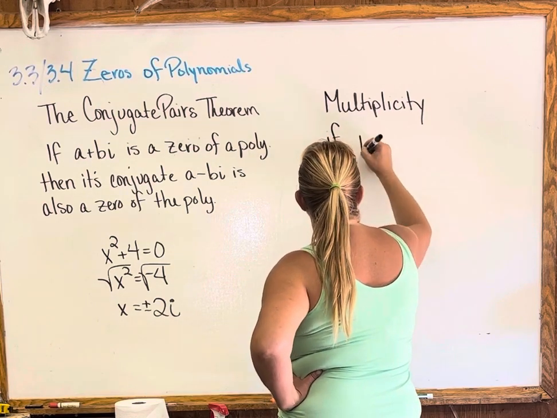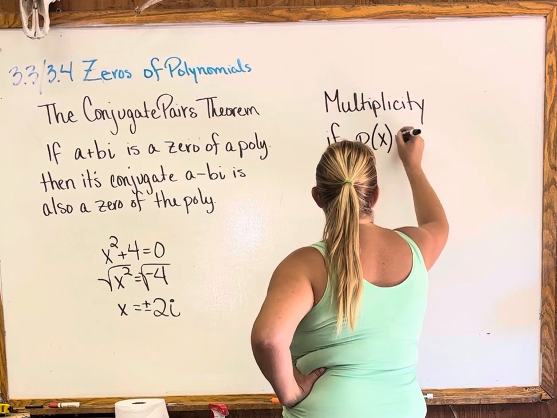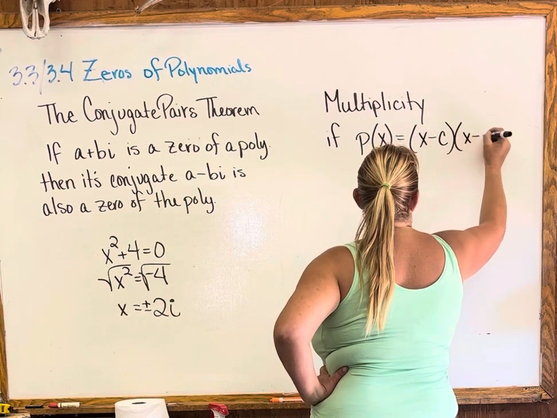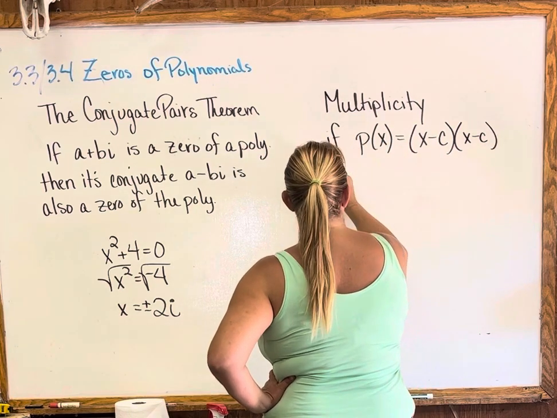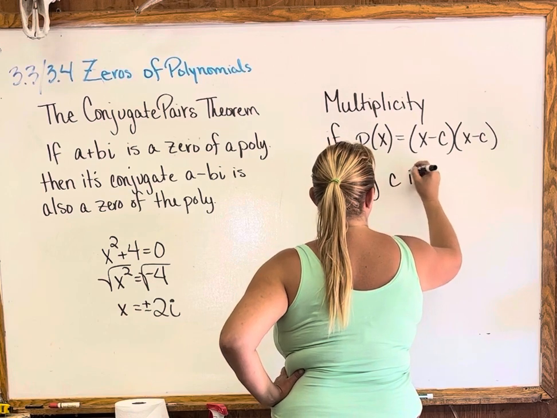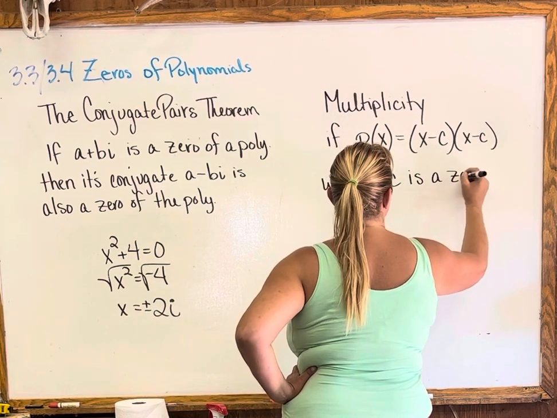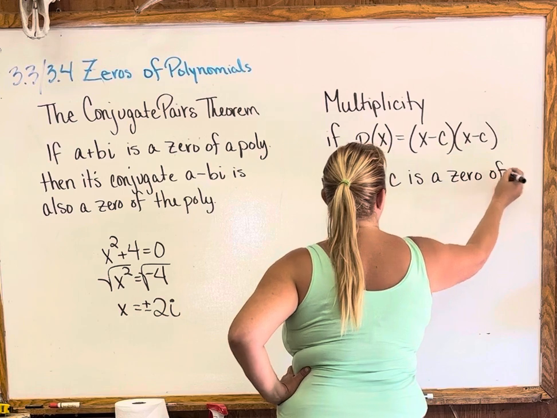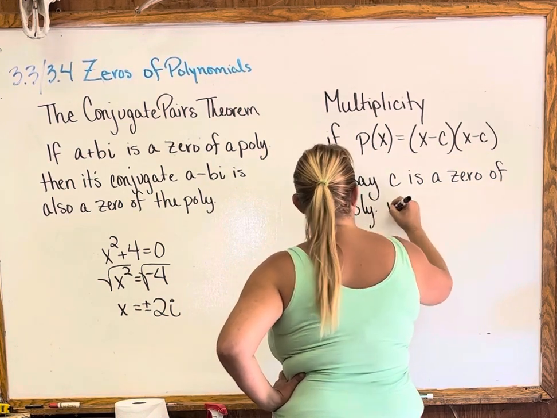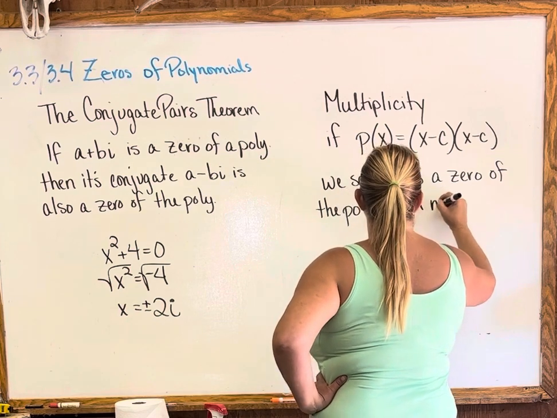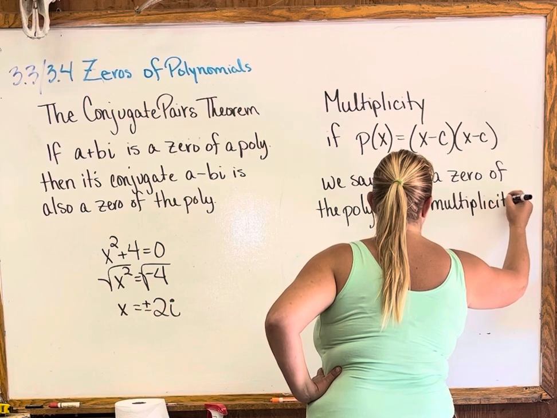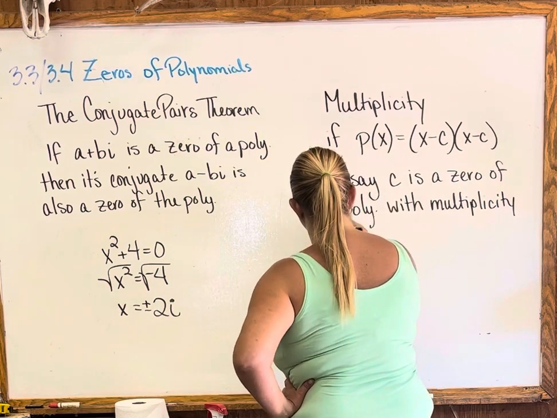If p of x is equal to x minus c times x minus c, we say c is a zero of the polynomial with multiplicity of 2.